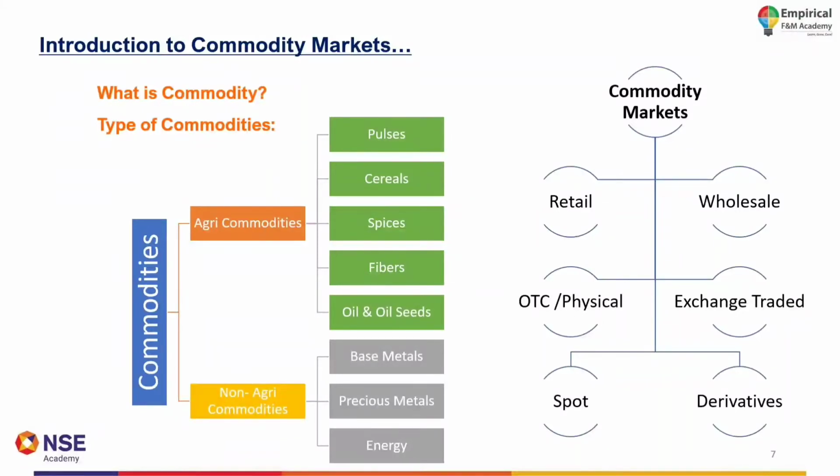Precious metals are gold, silver, diamond, platinum, and maybe palladium, rhodium, and many others. In energy, predominantly we use crude oil and natural gas, sometimes even electricity. So these are all various commodities in the commodity markets.